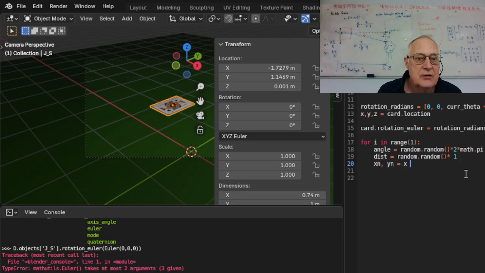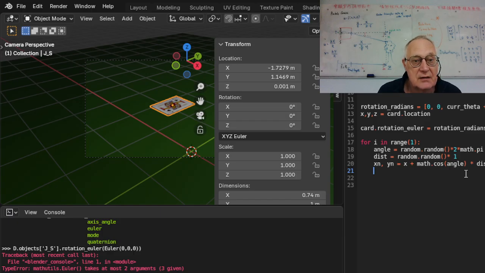Then the new x position would be x plus math.cos(angle) multiplied by the distance, and y plus math.sin(angle) multiplied by the distance.